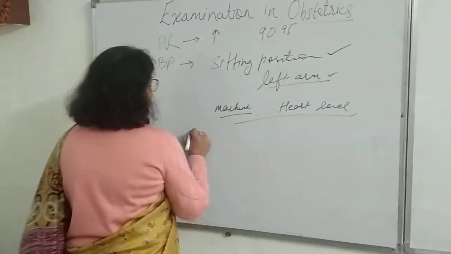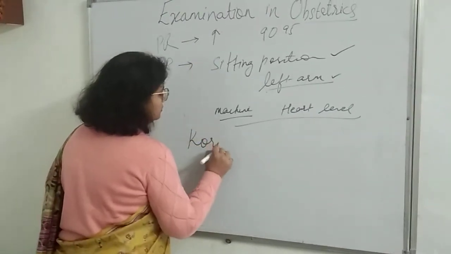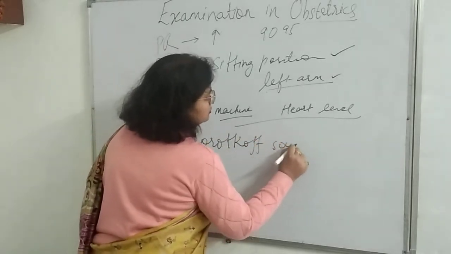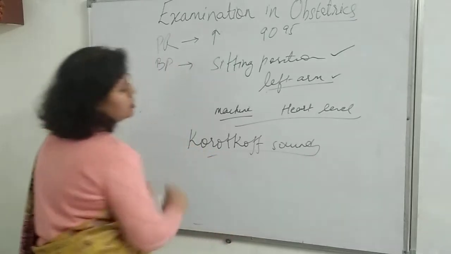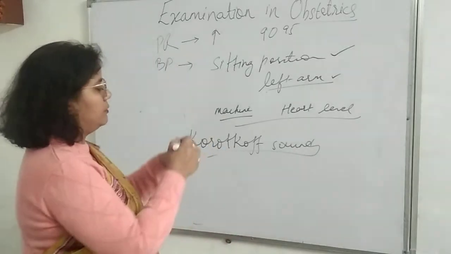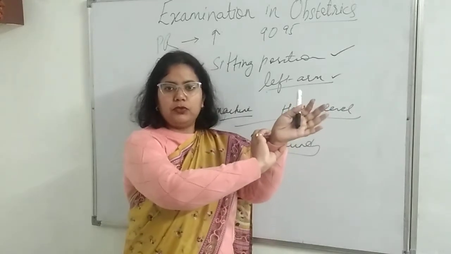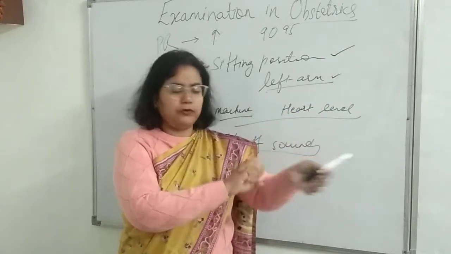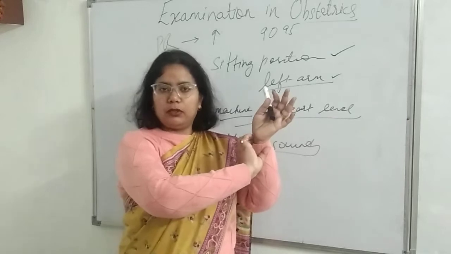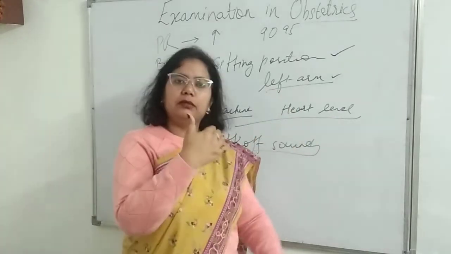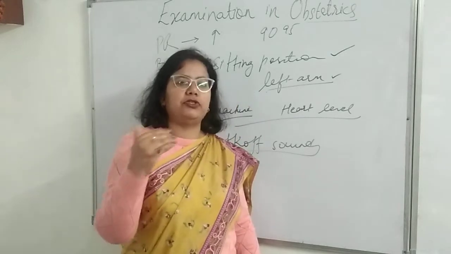Now we know that there are Korotkov sounds. For systolic blood pressure, you palpate the pulse here and inflate the cuff. Where you lose the pulse, that means you are around systolic blood pressure.